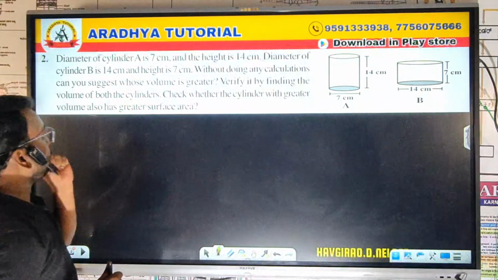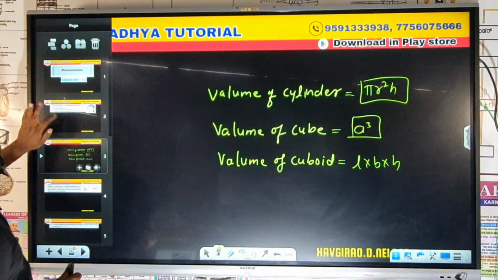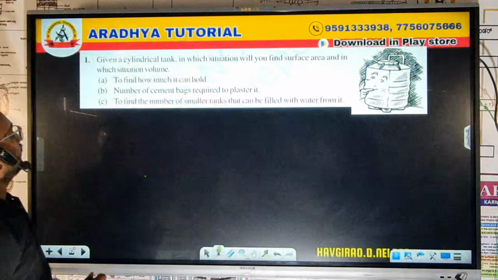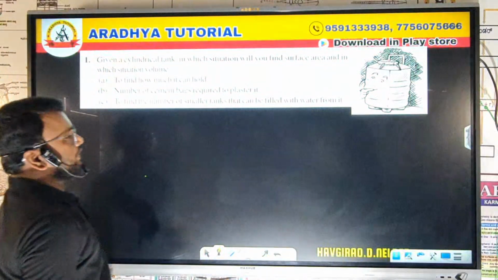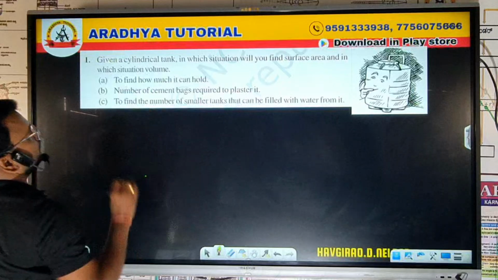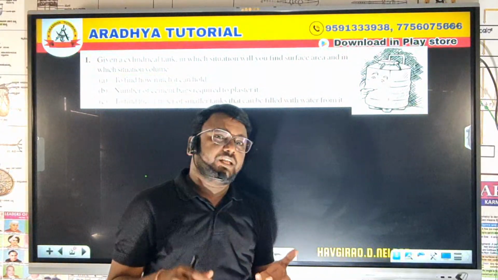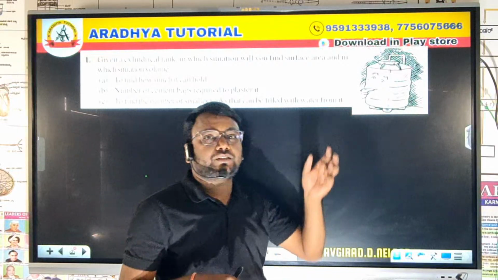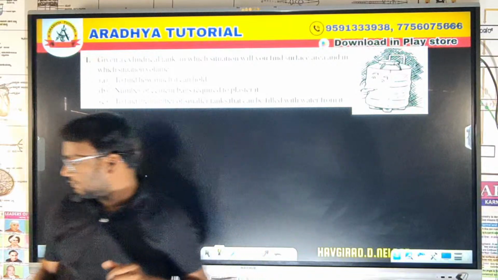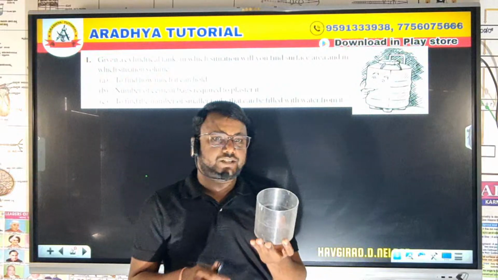First question here. Your first question is: given a cylindrical tank, in which situation will you find the surface area and in which situation the volume? Suppose we take one cylinder.